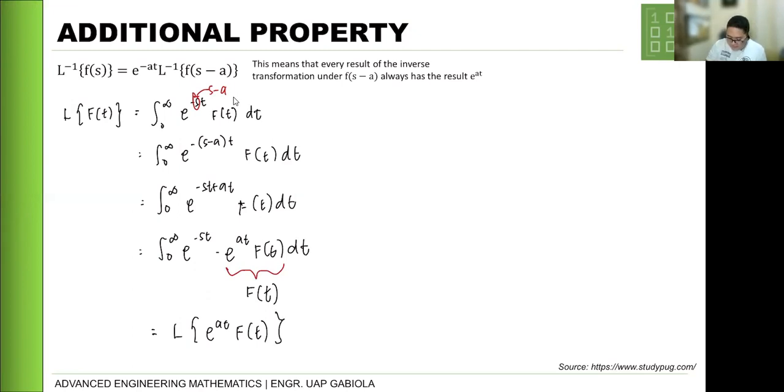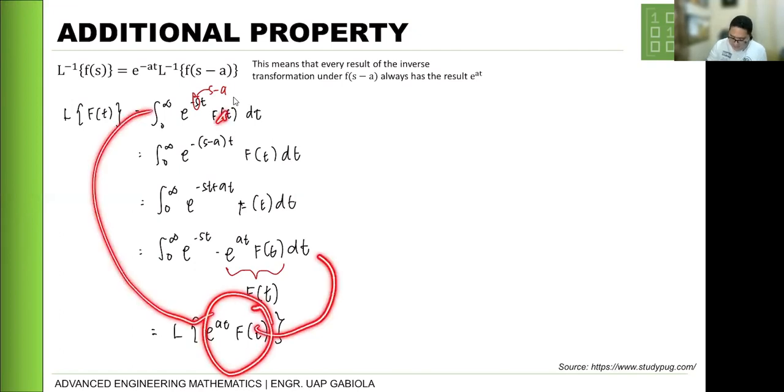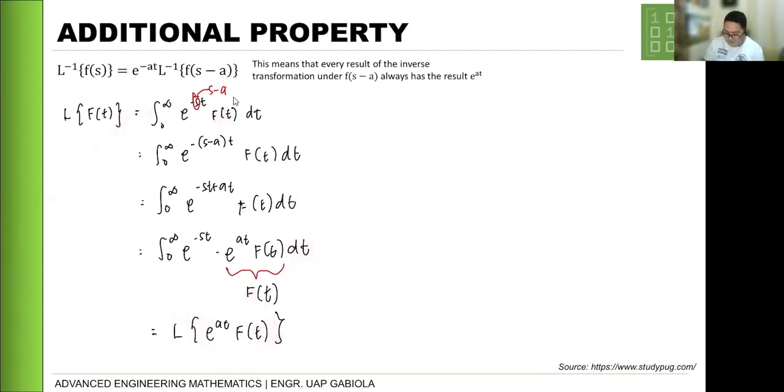Kasi, when we substitute it dun sa f of t natin, it will be the same dito. Okay? So, if this is the case, ito daw yung value ng transformation kapag yung function natin na f of s ay naging f of s minus a. Okay? So ito yung ibig sabihin niya.